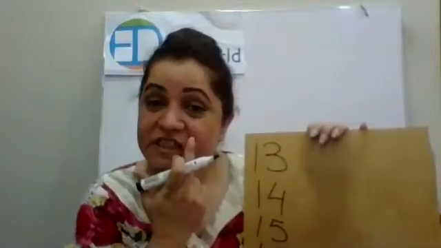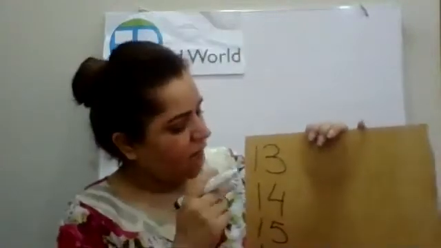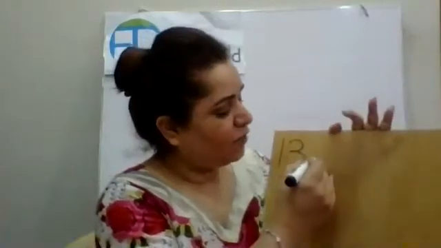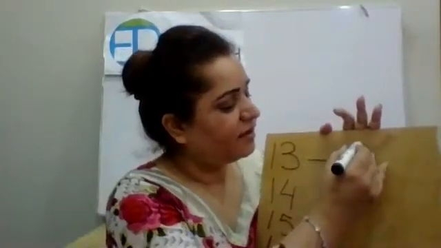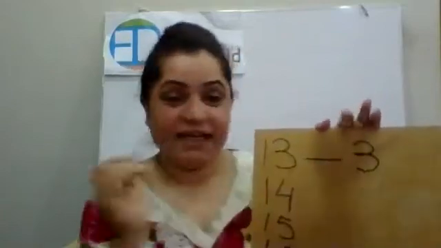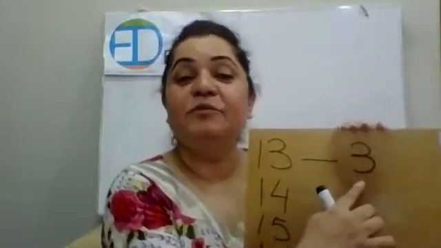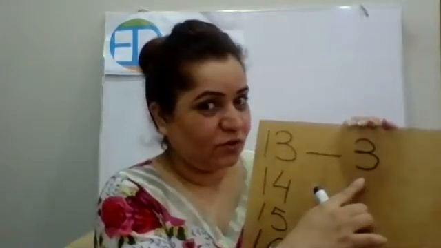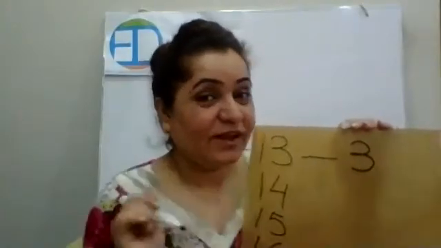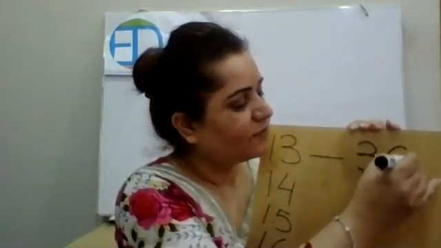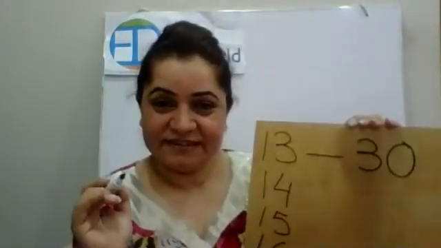Now we have 13. We are going to remove this 1 and write a 3 here. We don't need the number 1 over here. Then we add 0.